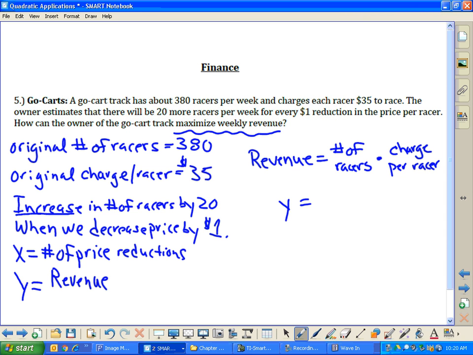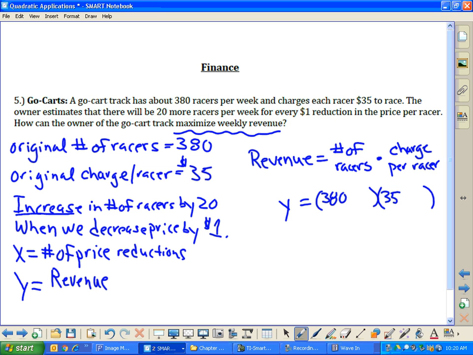Initially, we start with 380 racers. And if I want to find the initial revenue that this guy brings in, I would have to take 380 and multiply that number by $35 per racer. So that gives me a baseline of how much money he would originally bring in. But as I said to Michael, I need a general thing because these numbers are going to change.